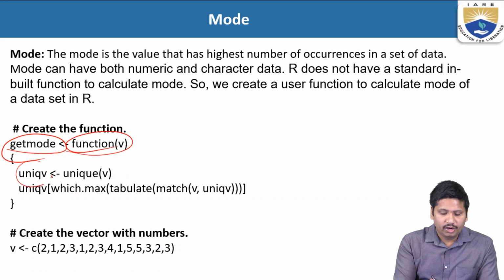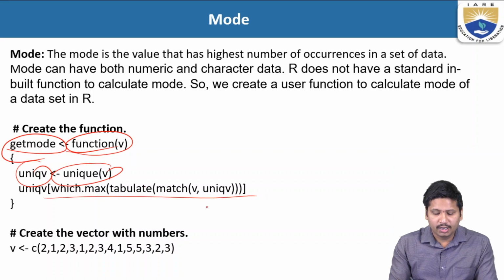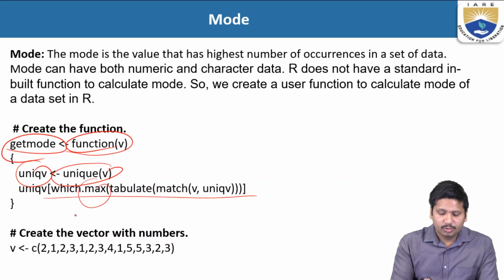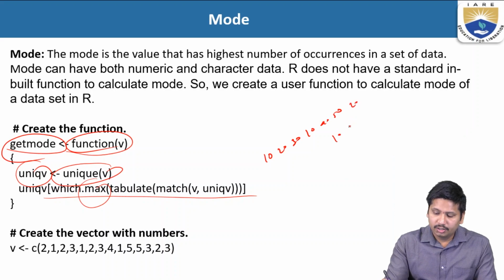So a unique value is going to be assigned, and from this we can calculate the maximum of the tabulate of match of v comma unique one. Normally, how is the mode calculated? Take 10, 20, 30, 10, 40, 50, 20, 10, 10, 50, 90.